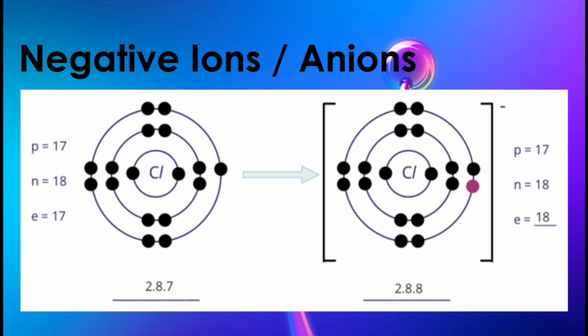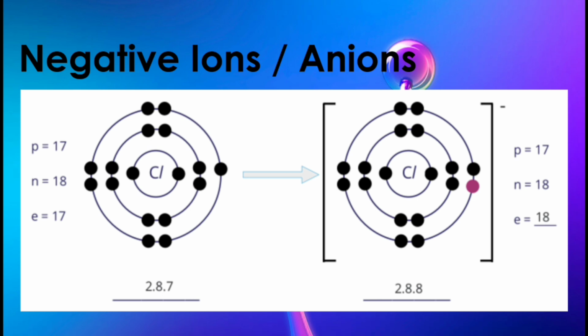This means 1 electron is gained by the chlorine atom, and now its electronic configuration is 2, 8 and 8. So here we have 17 protons, 18 neutrons and 18 electrons.